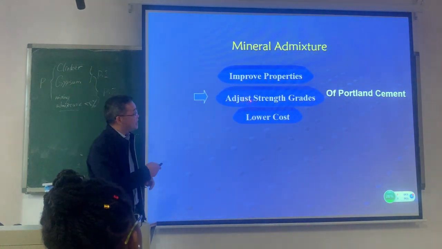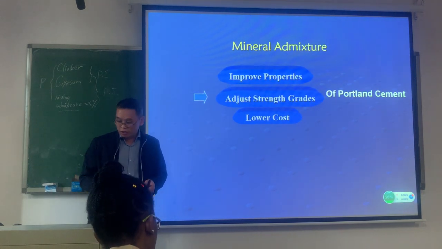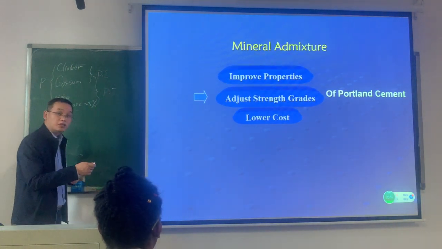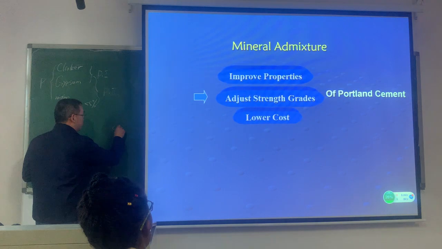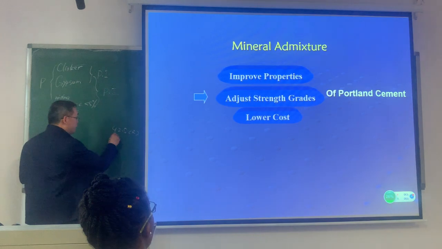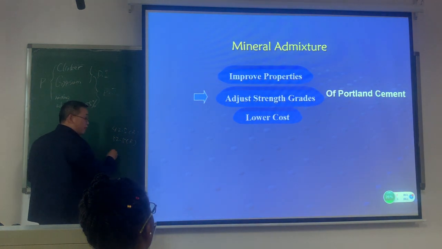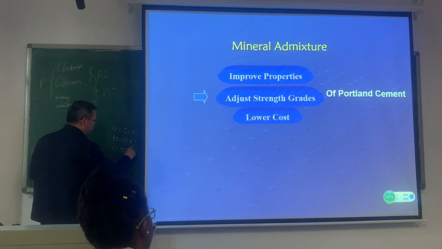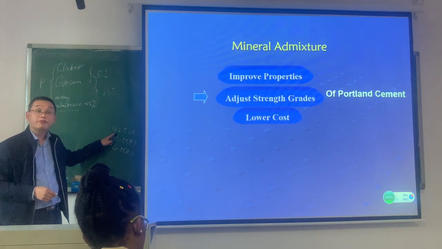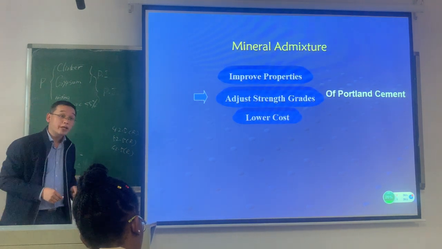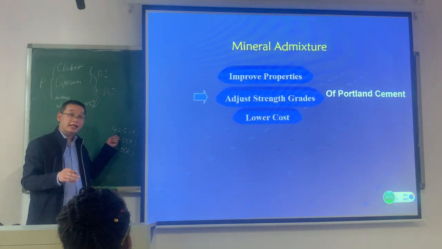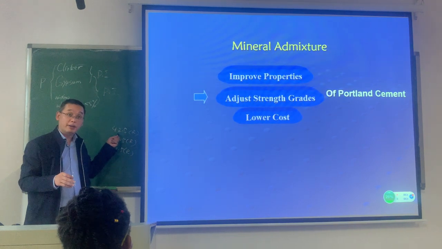And secondly, we can adjust the strength grades. What strength grades are there for Portland cement? 42.5 or 42.5R, 52.5 or 52.5R, 62.5 or 62.5R. So the smallest strength grade is 42.5, but actually there is no need for us to use such high strength cement.